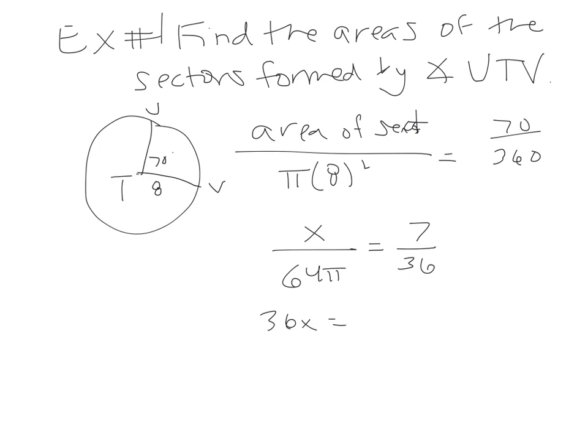So 420 plus 14 is 434 pi, I believe. And then I'm going to isolate x by dividing both sides by 36. I'm going to grab a calculator to make sure I'm doing it right for you guys.